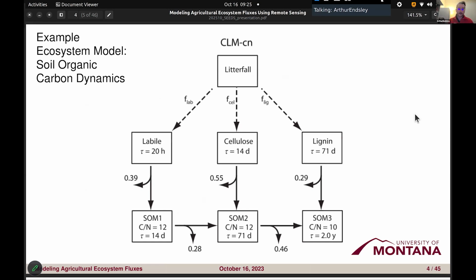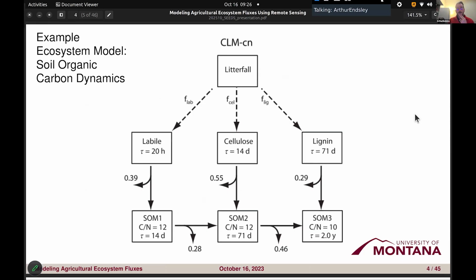There are 3 different soil pools in that kind of middle row of boxes. And these are determined by how long it takes carbon to turn over in that particular box. And then a fraction of that carbon is sequestered in soil organic matter at the very bottom.